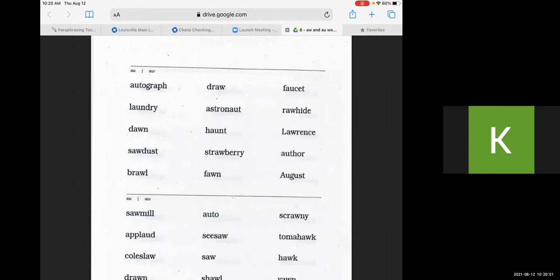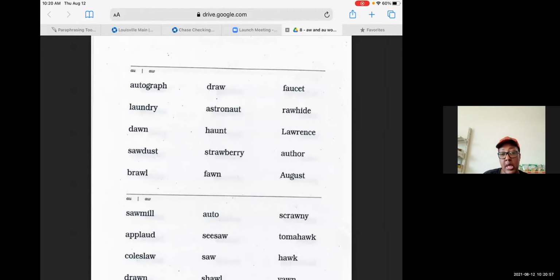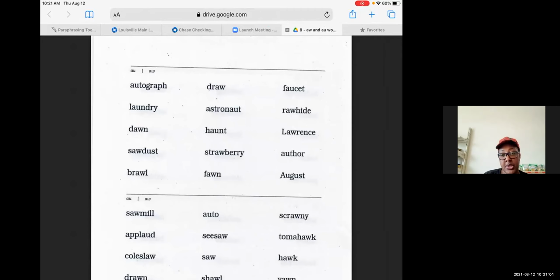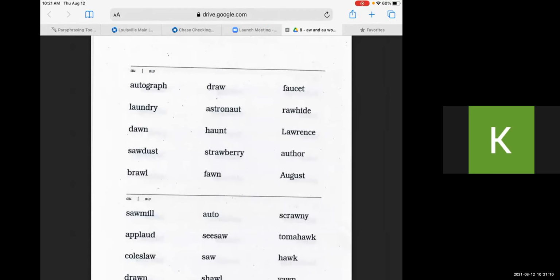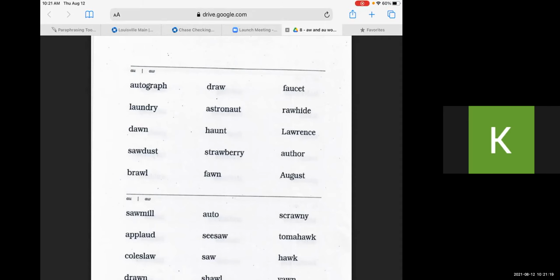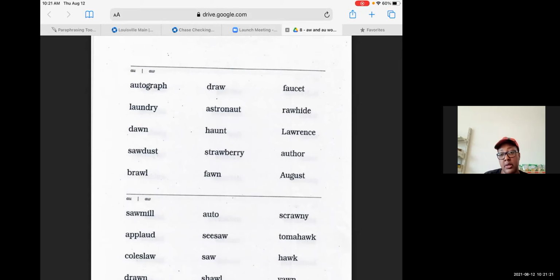Autograph, laundry, dawn, sawdust, hall, draw, astronaut, aunt, strawberry, phone, faucet, Lawrence, odor, and August.